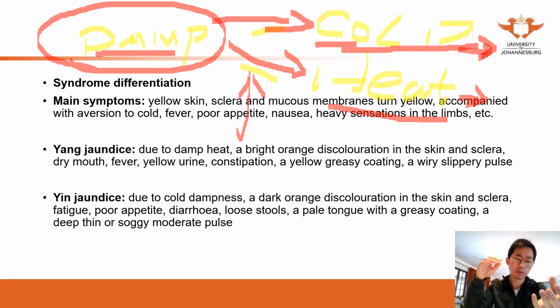You pour room temperature water into the cold water, and the room temperature water becomes cold. If you put the room temperature water into the hot water, it becomes warm. The same room temperature water can change to cold or warm; it depends on the body constitution.